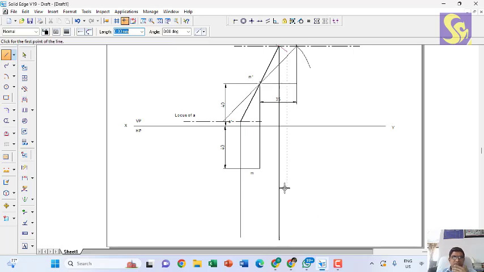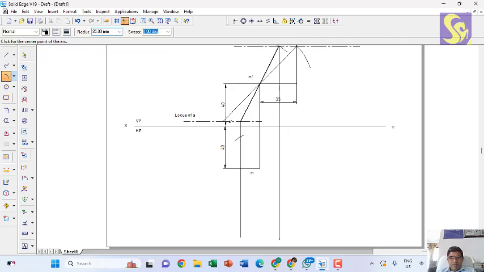And I know that the length of the top view is 35 into 2, that is 70 mm. So I can draw two arcs of size 35 mm, one onto this side and another onto this side.